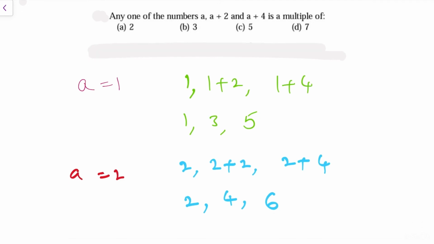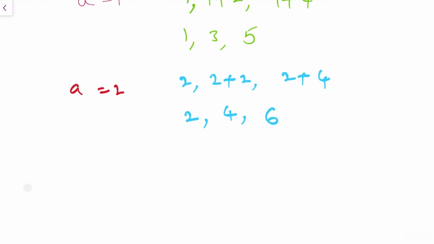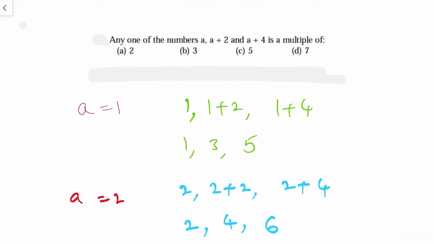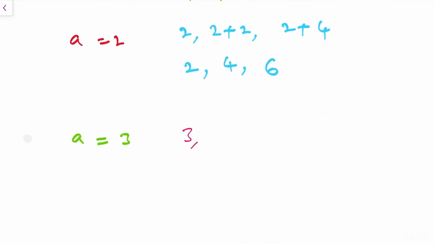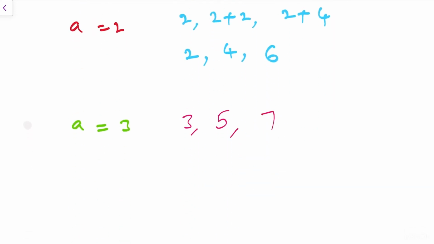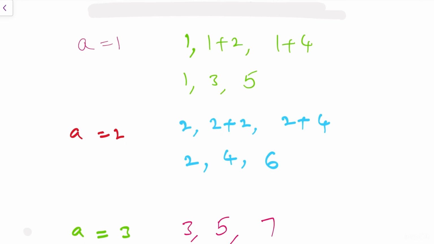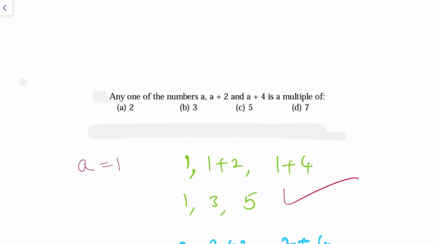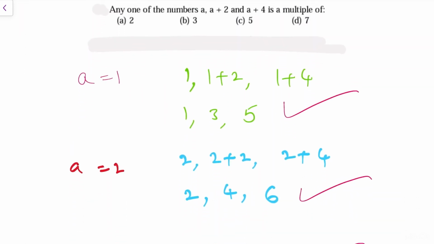Next, if we take A equals 3, then A is 3, A plus 2 is 3 plus 2, 5, and A plus 4 is 3 plus 4, 7. So if we observe all these numbers, here 1, 3, 5, here 2, 4, 6, here 3, 5, 7. In this case, he is asking that any one of the numbers should be divisible.